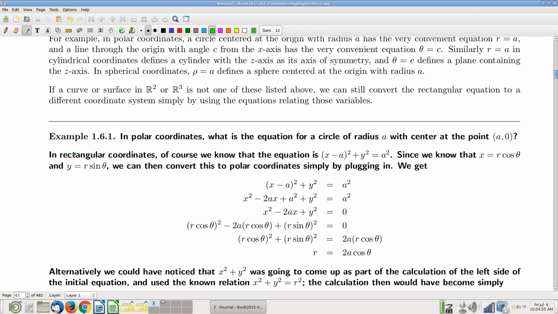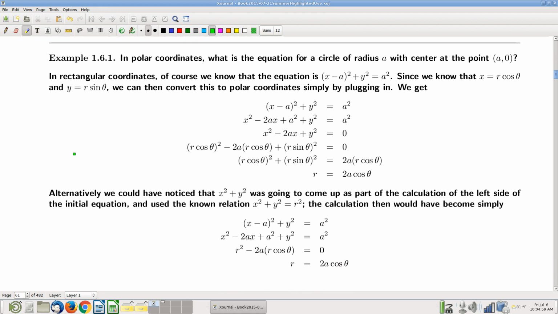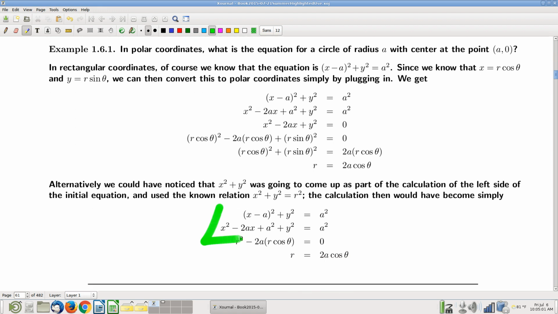Now, sometimes you get lucky, and you'll notice here that had I expanded this first, I could have noticed that I have an x squared plus y squared in the equation, and just immediately rewrite that as r squared, because I know x squared plus y squared is r squared. Right?